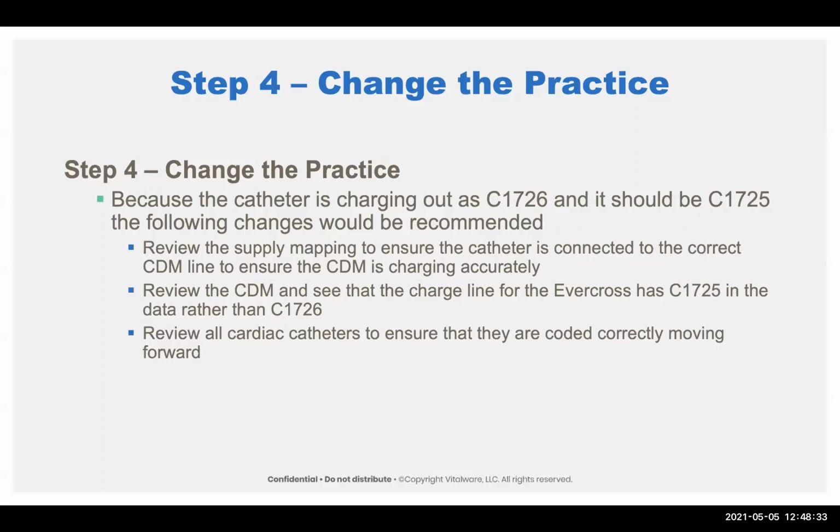Now, why is that? Because usually the cath lab has a preference card very much like the OR. And when they pull a balloon catheter, it may have been coded as C1726 by the supply chain. In fact, it's C1725. So every time they use that or perform that procedure, we're sending out the wrong charge.